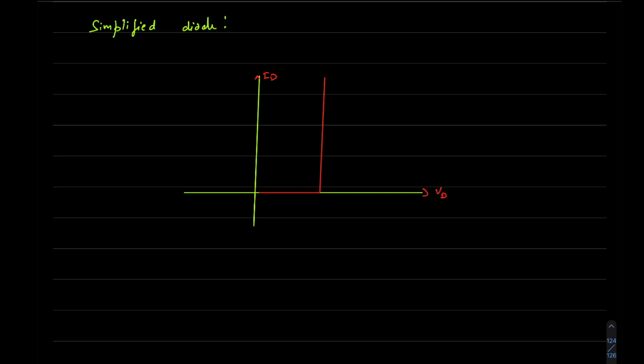So consider this horizontal line, right? So let's say we have a battery of 0.7 volts. Okay, 0.7 volts. So we take batteries according to what diode we are representing, right? If their knee voltage is like 0.8, 0.7, something like that, then we'll take batteries like that. If not, we'll take different batteries, right?